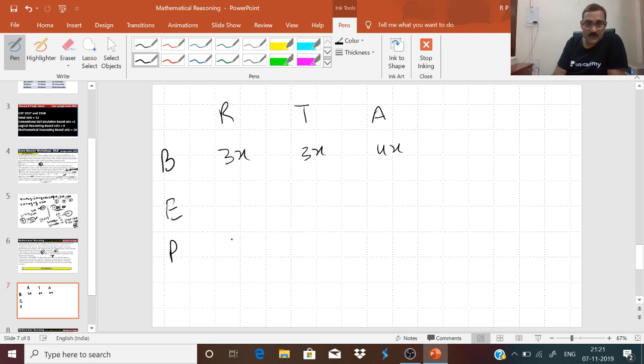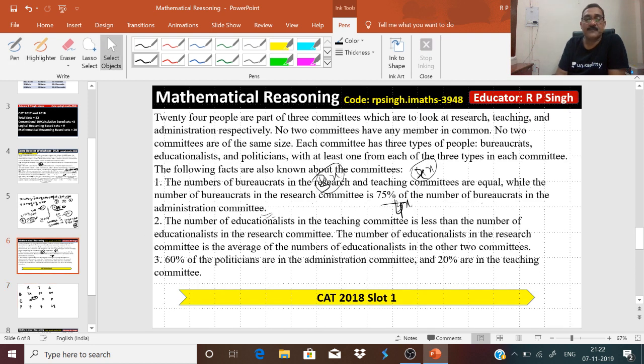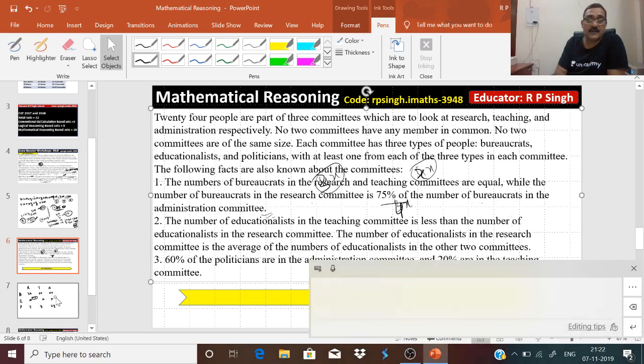So if I take it as y, it is also y, so it will be 3y, since 20% is y, then 60% will be 3y. And for educationalists, if it is m, it is n, and suppose it is p, so one thing is given, m is more than n, first thing. By the second condition you can see this is less than the educationalists in the research committee. Right guys?